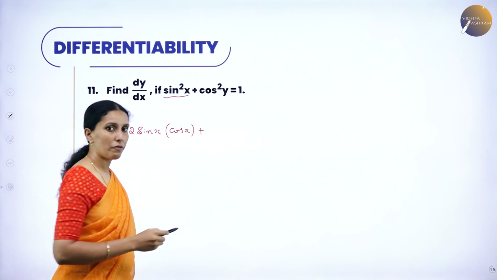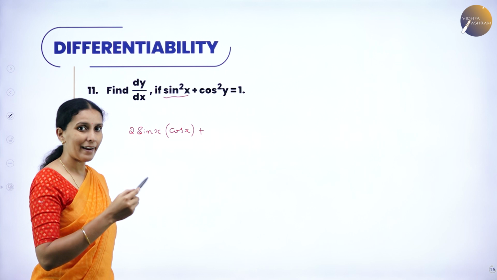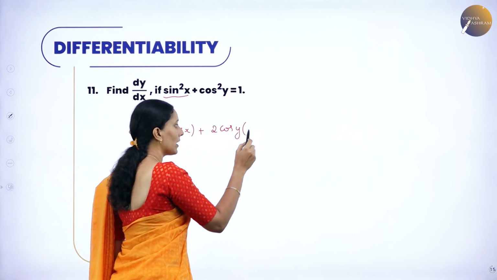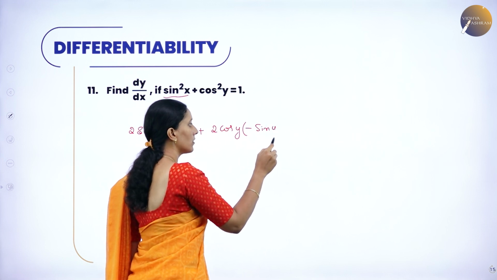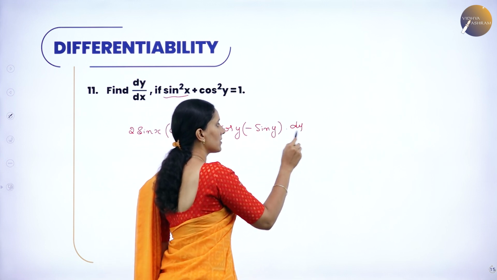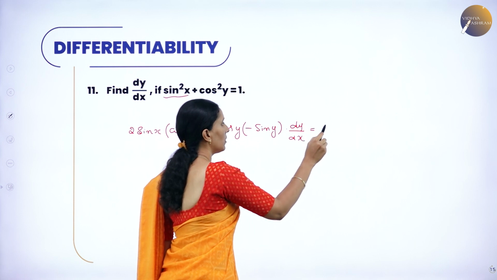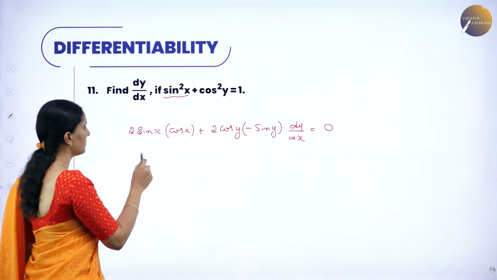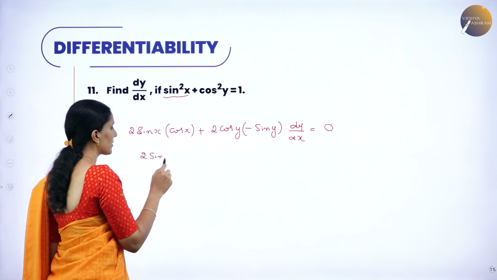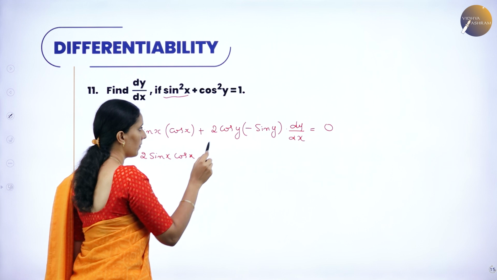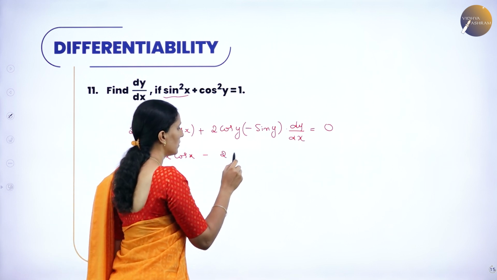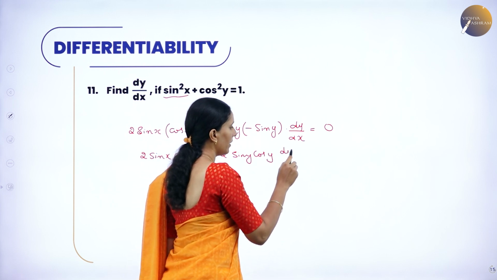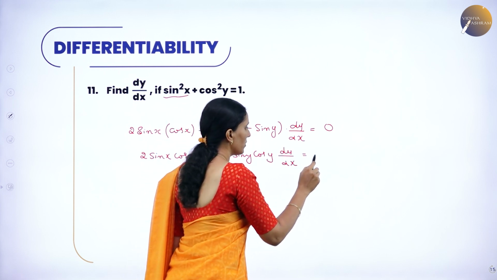Similarly, you have cos square y. So when you have cos square y, write it as 2 cos y. And derive cos y, it becomes minus sin y into dy by dx, which is equal to 0 because derivative of 1 is 0. So now you have 2 sin x cos x minus 2 sin y cos y dy by dx is equal to 0.